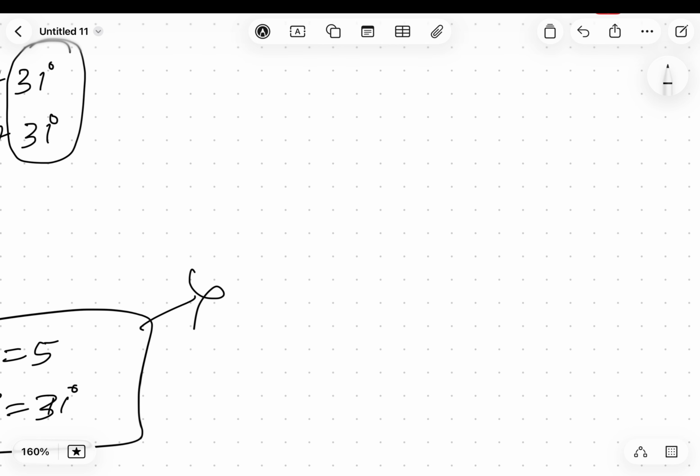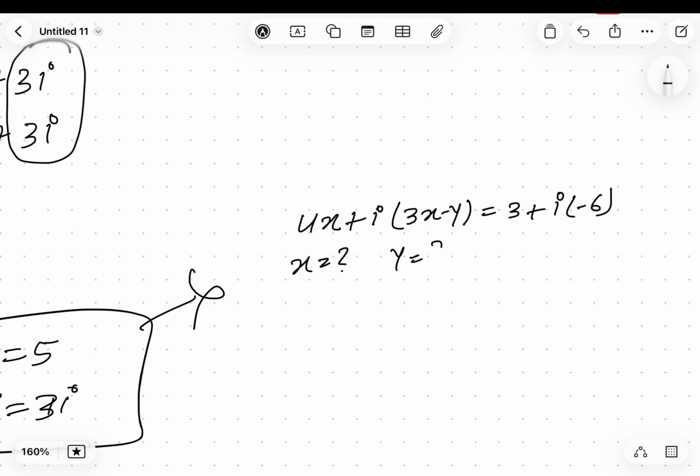So you see we have 4x plus i(3x minus y) equal to 3 plus i(minus 6). This is example 1 of NCERT, and here we have to find out what is x and what is y.